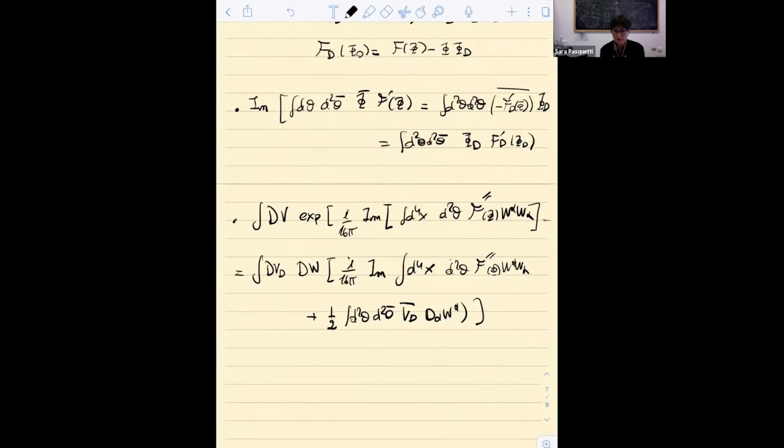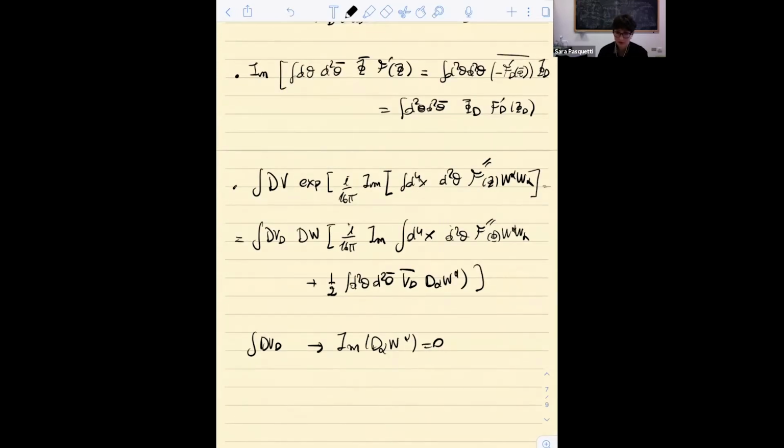Basically, you see, if I integrate over V dual, it has the effect of setting this equation, which is basically the analog of the Bianchi identity. Okay, because I cannot simply decide to integrate over the field strength W, because then I would miss this constraint. So this integration over the Lagrange multiplier is enforcing basically Bianchi, and then I can think of the integration over the field strength rather than over the vector field.